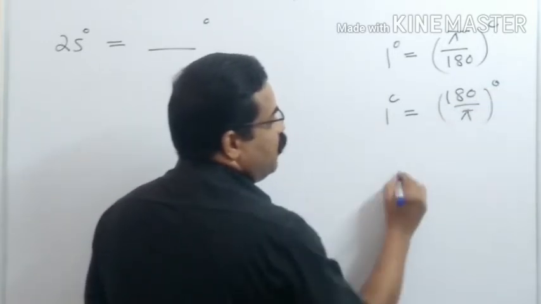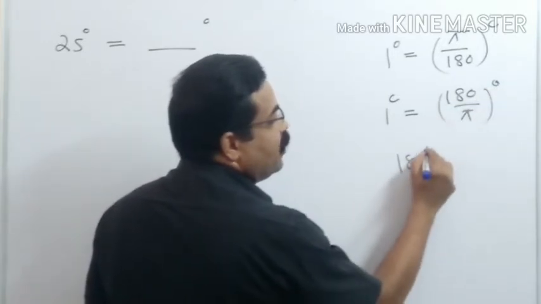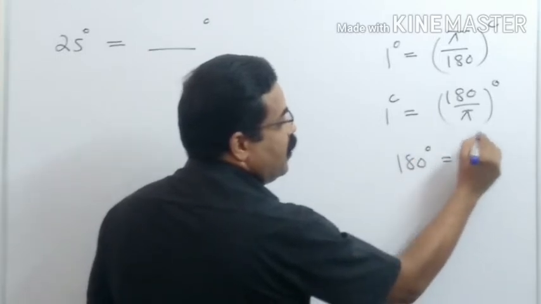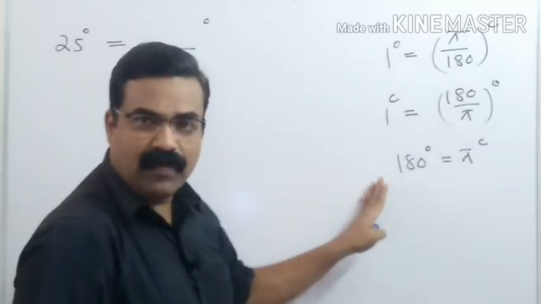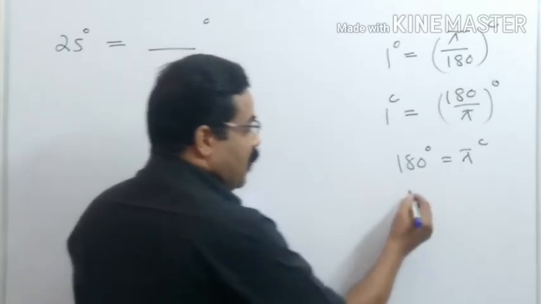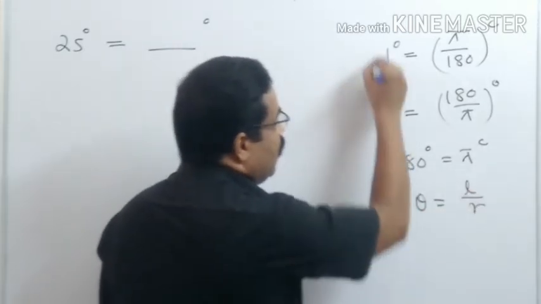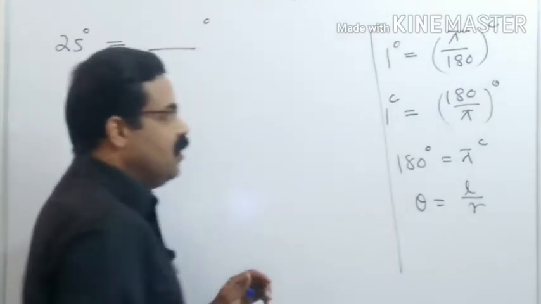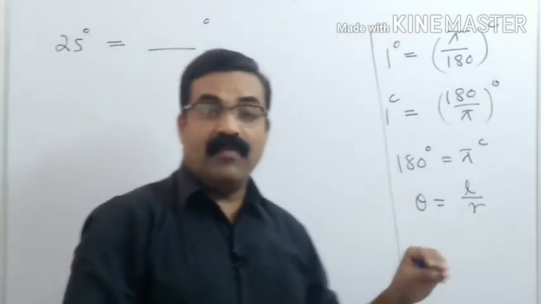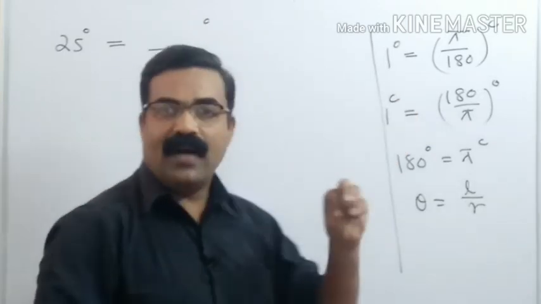Apart from that, we have seen theta is equal to L by R. These are the important formulas we have studied. Let us write the formulas here, so it will be very easy for us to pick the formula and apply.